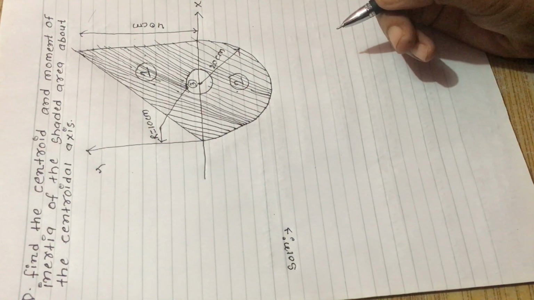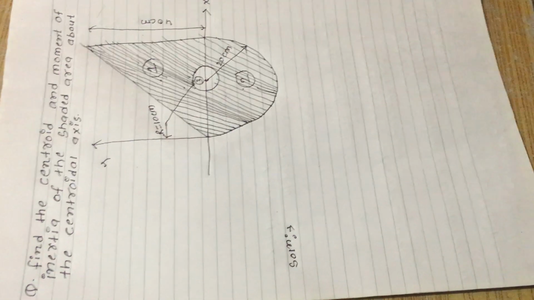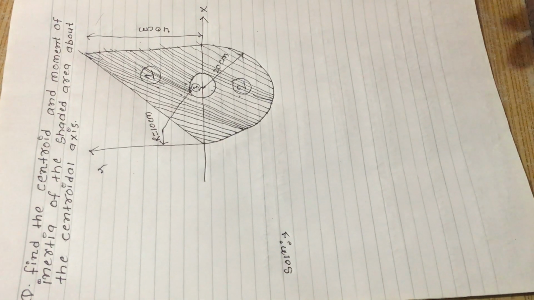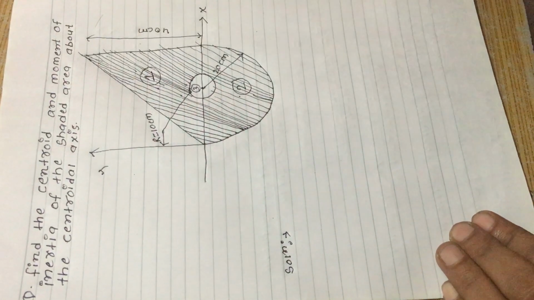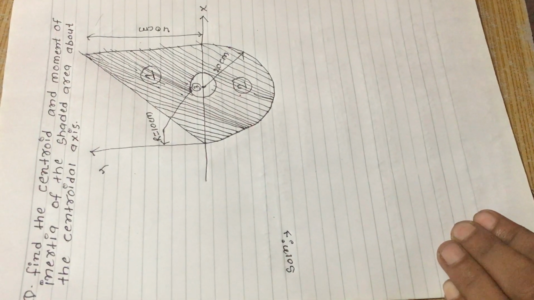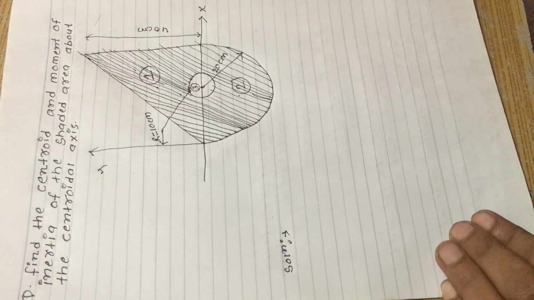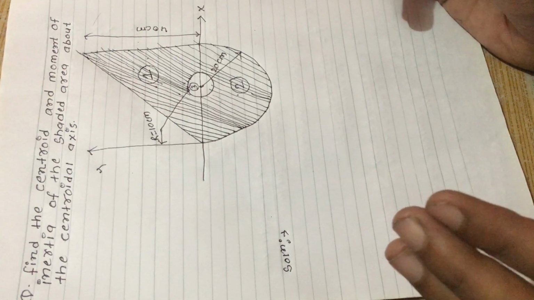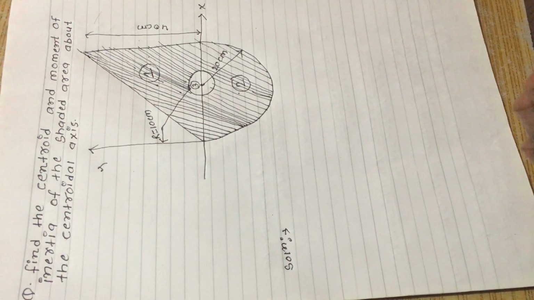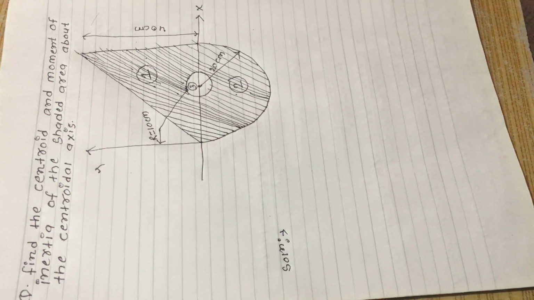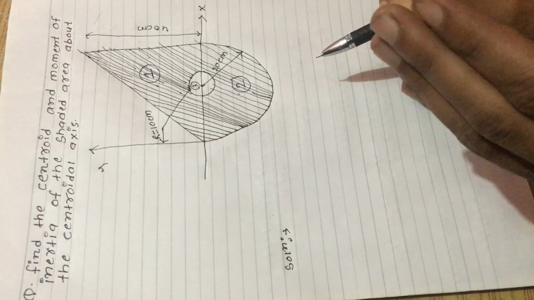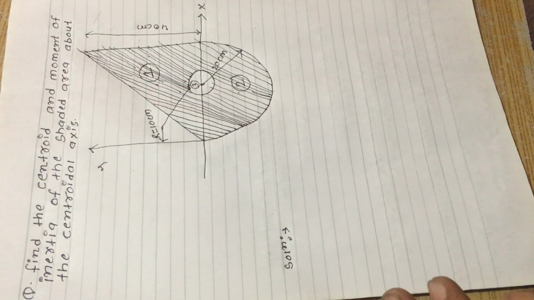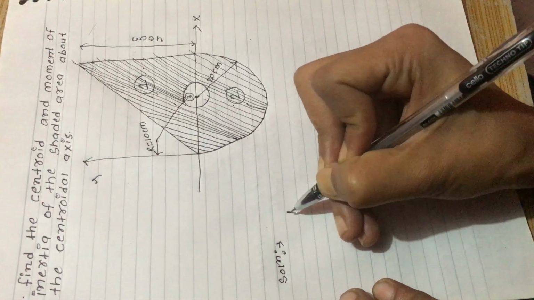It depends on how you name the figure, but you just have to concentrate on what we have to calculate. So let's start this numerical step by step, because this is a typical question and very important from the exam point of view.